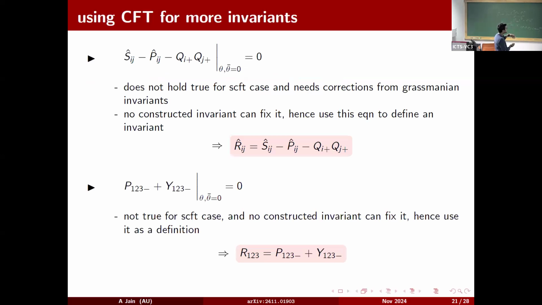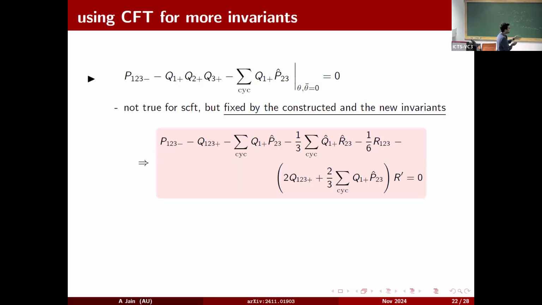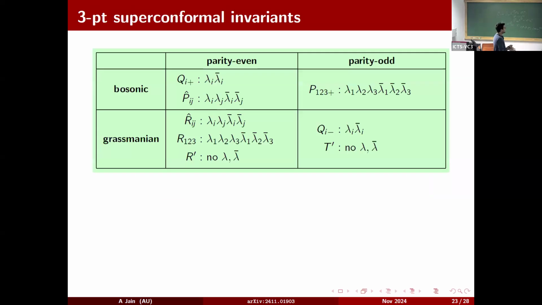So the invariants that we made here are used to fix this equation, which means now we can say with some confidence that we have a complete exhaustive list of invariants, which are these. So we have the bosonic parity-even invariants, which are exactly the conformal ones. Even the parity odd is the conformal one. And now we have these Grassmannian invariants for the superconformal case. So these would start with the theta theta bars, of course.